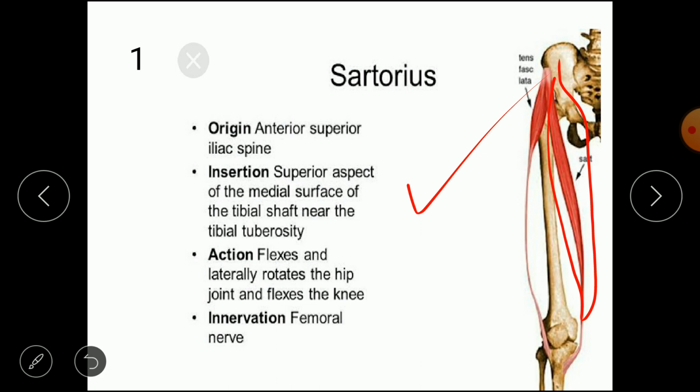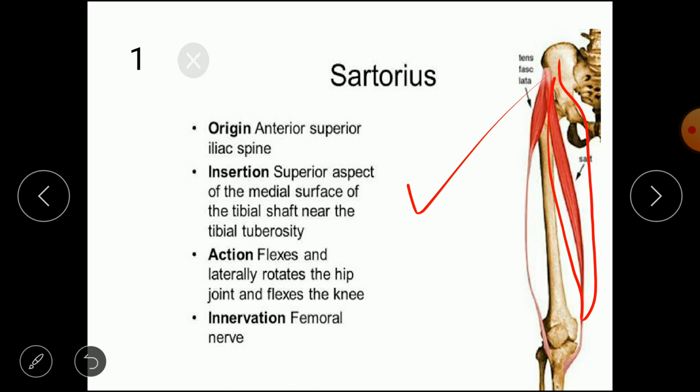So the origin of sartorius: it originates from the anterior superior iliac spine, that is ASIS. And it inserts at the superior aspect of the medial surface of the tibial shaft near the tibial tuberosity.